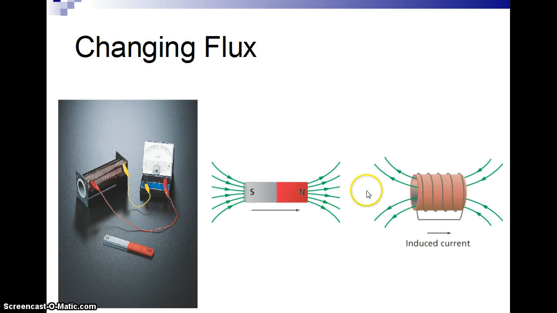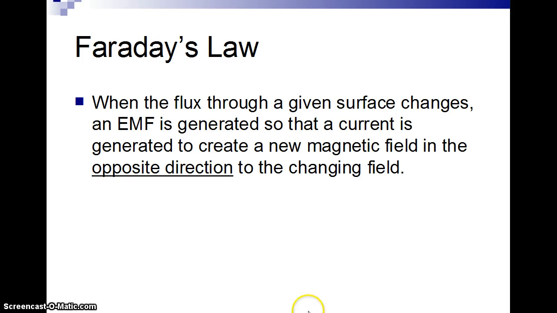So if we move this magnet here, it's going to try and increase the flux to the right. To oppose that, there will be an induced current in the opposite direction, to create a magnetic field in the opposite direction. It's not going to be enough, because there is some resistance. It's not going to be enough to completely cancel it out, but it will reduce it. And that's kind of where you get this current from. So the EMF is always set up so there's a new magnetic field in the opposite direction of whatever's changing.